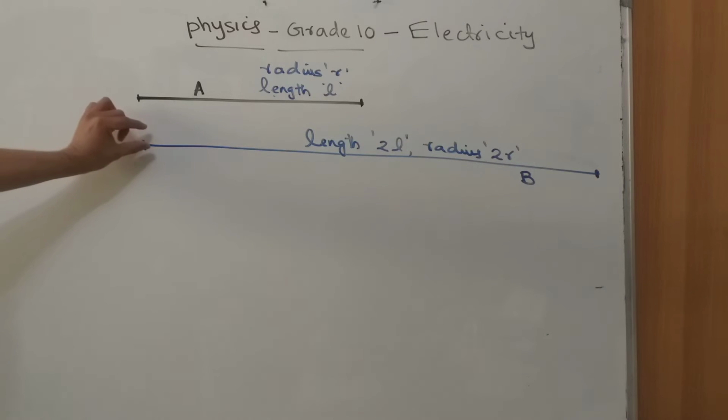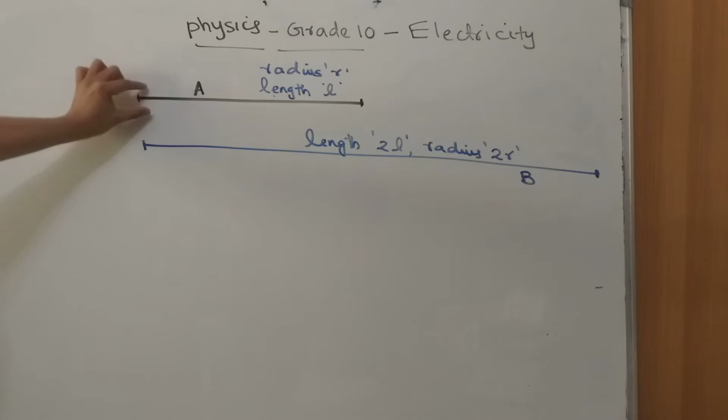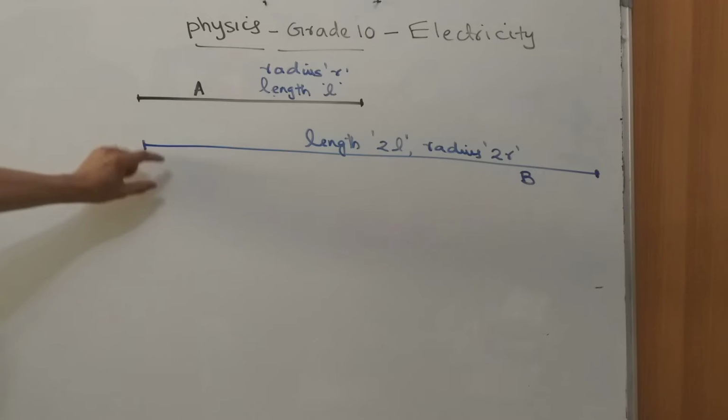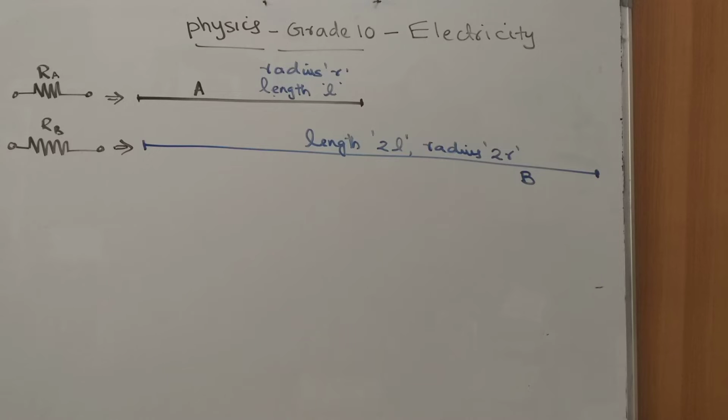The second wire is thicker than the first wire, and of course the second one has a length which is double that of wire A. Let us assume that the resistance of wire A is RA, and the corresponding value for B is RB.